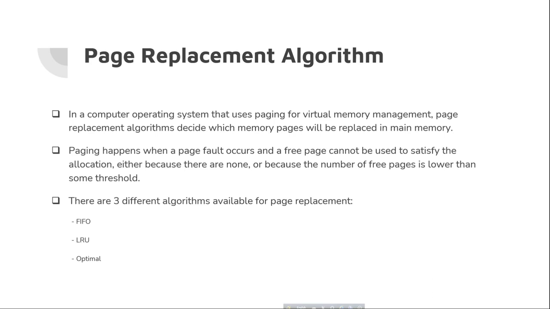Paging happens when a page fault occurs and a free page cannot be used to satisfy the allocation, either because there are none or because the number of free pages is lower than some threshold. At that time, the page replacement algorithm will be used. There are three different algorithms available for page replacement: FIFO, first in first out, least recently used, and optimal.